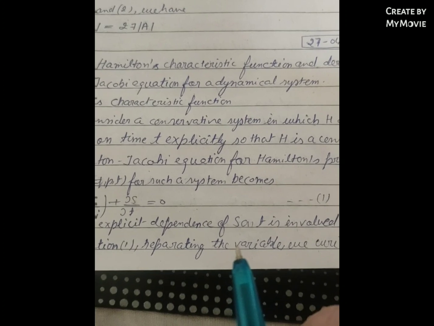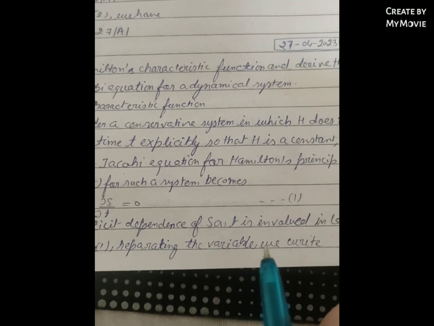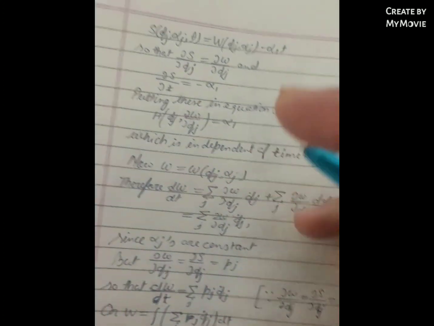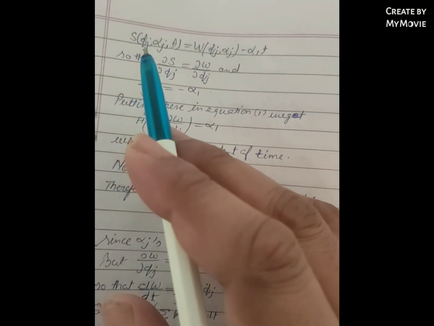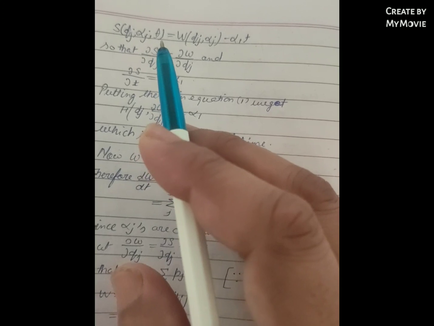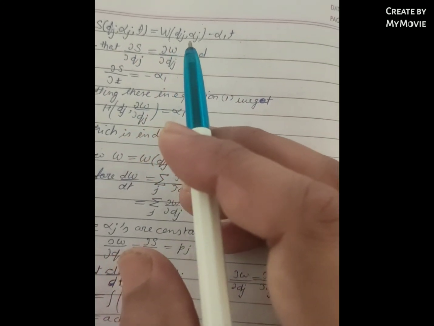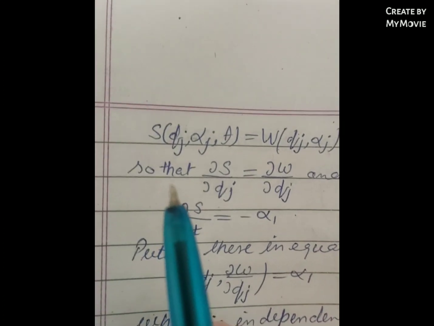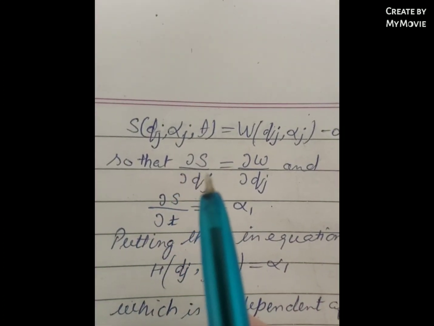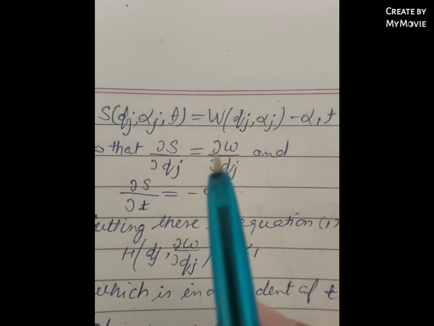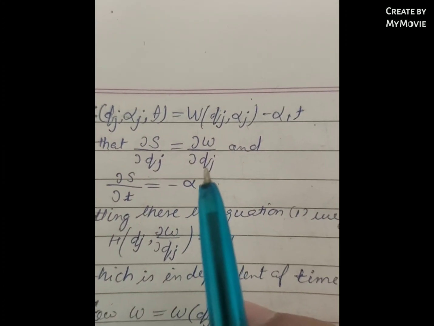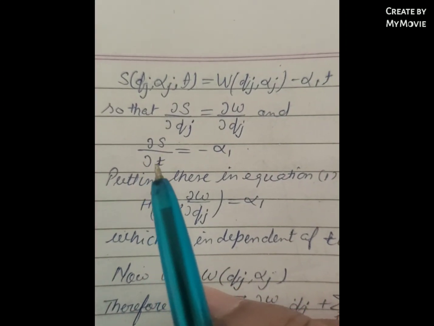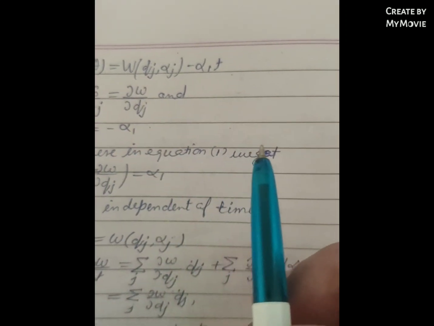separating the variables we write S(qj, αj, t) = W(qj, αj) − α1 t, so ∂S/∂qj = ∂W/∂qj, and ∂S/∂t = −α1.